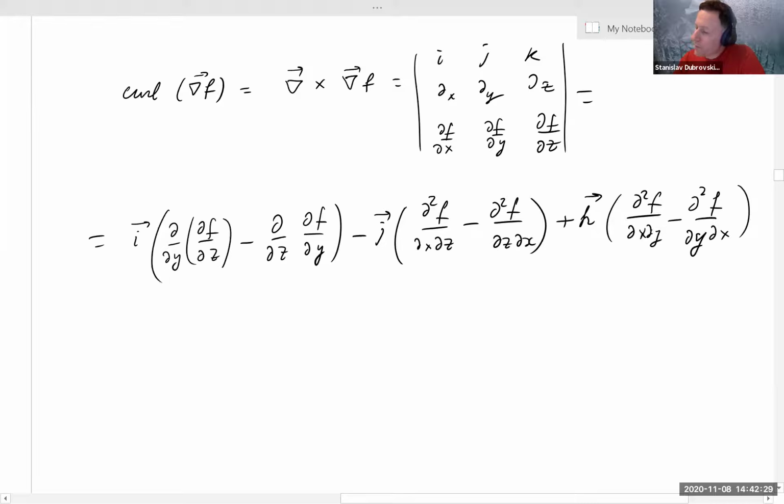And provided that your function is well behaved, in other words, if the conditions in the Clairaut theorem hold true, that is, f has continuous second partials, we can abbreviate it like this: f belongs to C2. That means second partials are continuous.